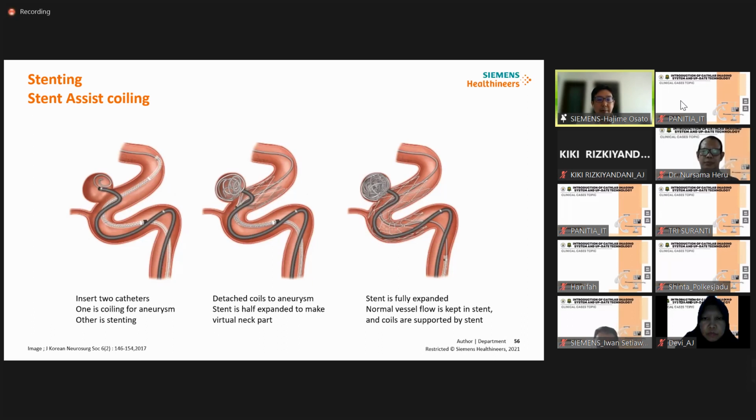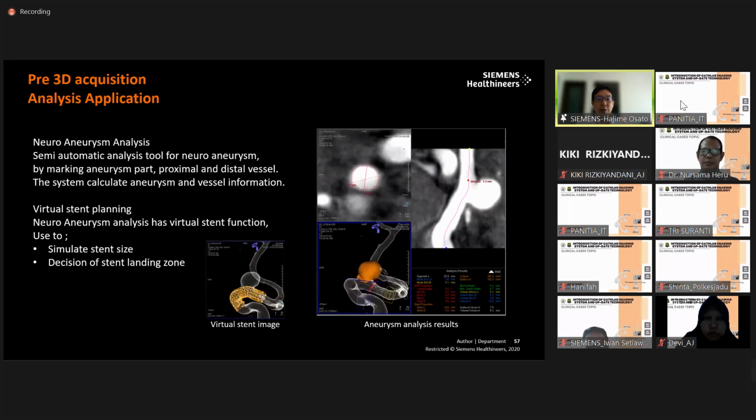All right. Back to this slide. The virtual stent is useful for planning the stent position. That's why we have to calculate neck coverage and the distal and proximal points. It is quite helpful for neuro stent cases.